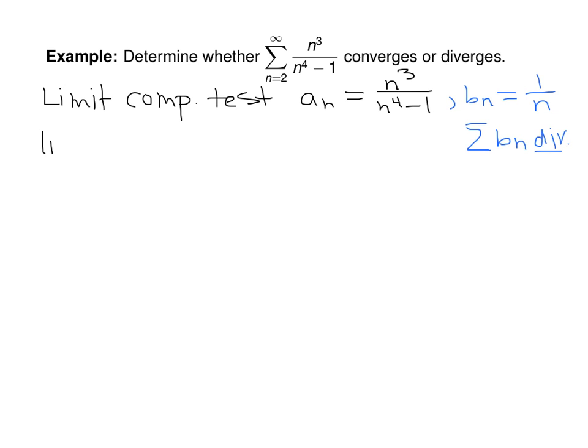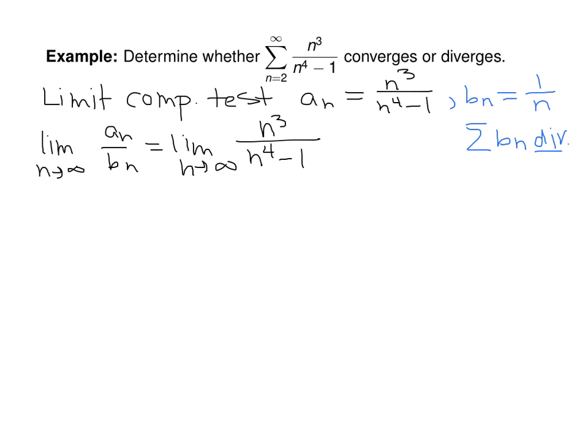So now let's find the limit as n goes to infinity of A sub n over B sub n. So that's the limit as n goes to infinity of n cubed over n to the 4th minus 1 over 1 over n, or multiplied by n over 1. So the limit as n goes to infinity of n to the 4th over n to the 4th minus 1.